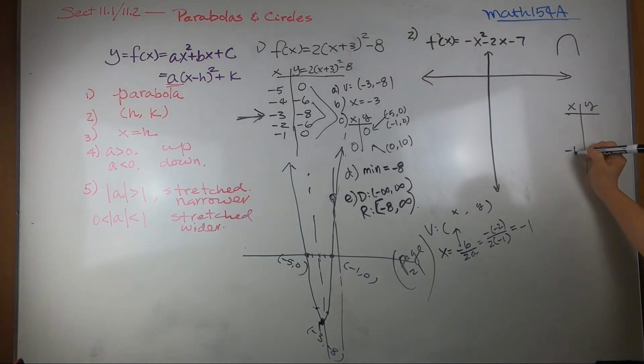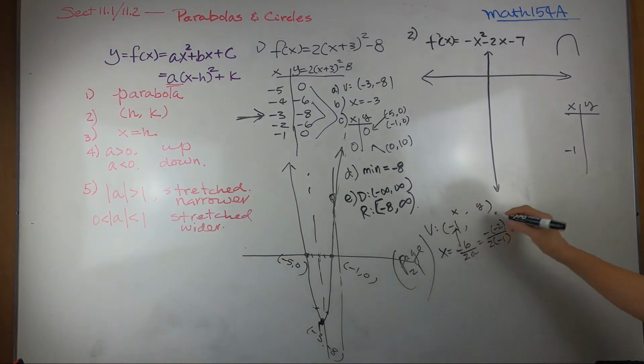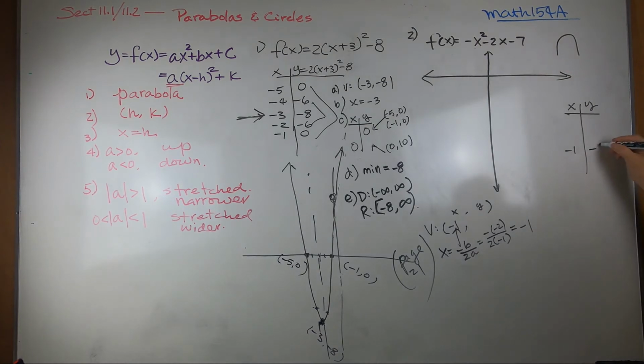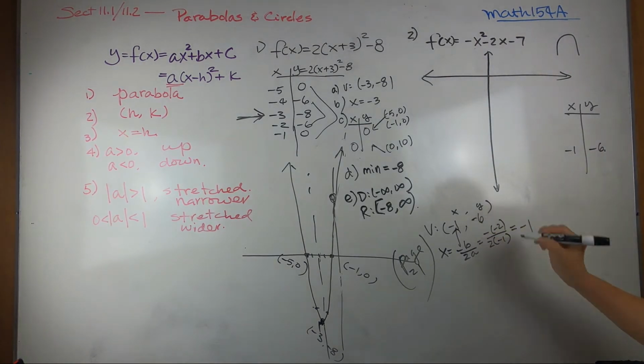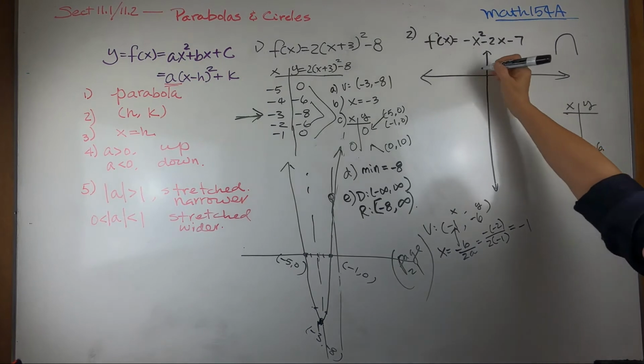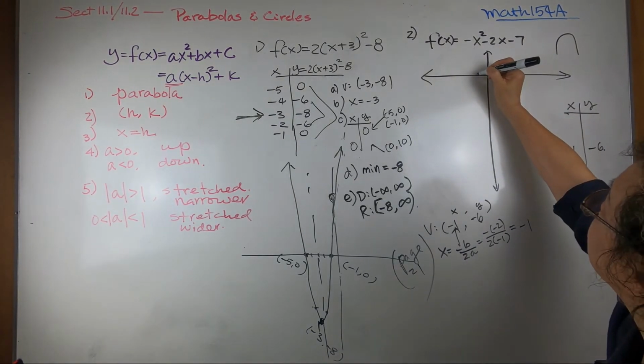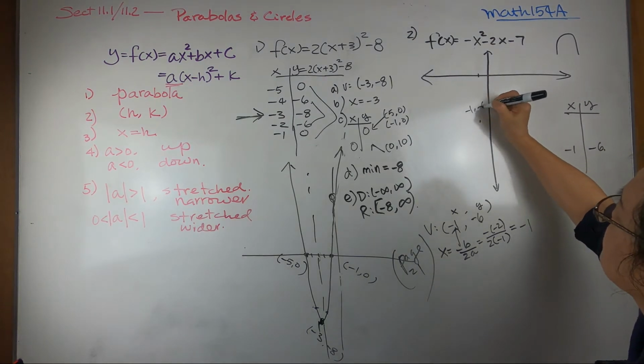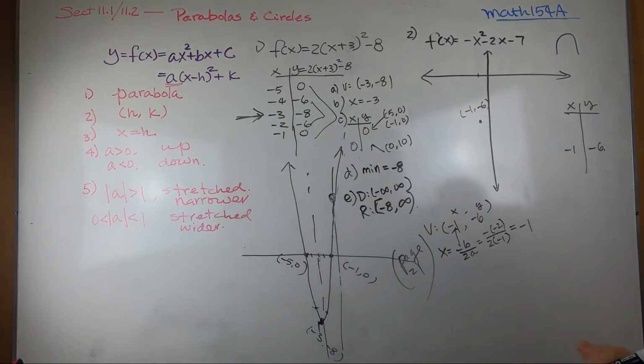This guy, -1, right? Then what's your y? You plug in, then you should get -6. So you will have -1, -6, somewhere there. -1, -6. That will be your vertex.